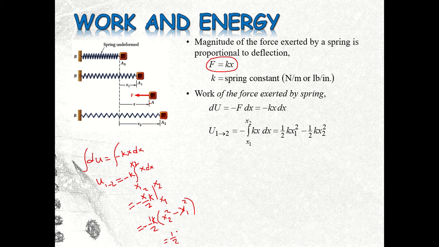So we have 1/2 k multiplied by x2 squared. Sorry, this would be x1 squared and minus x2 squared.